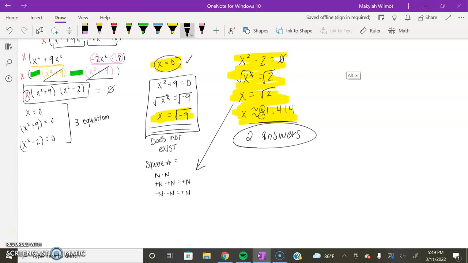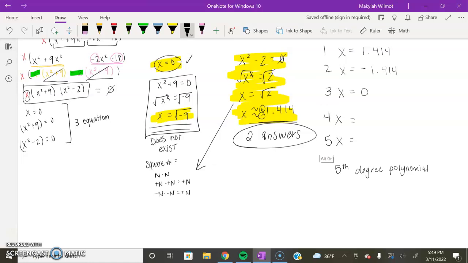So we know we have x equals 1.414, approximately, x equals negative 1.414, x equals 0, but we still have two more because we know it's a fifth degree polynomial, so we should have 5.